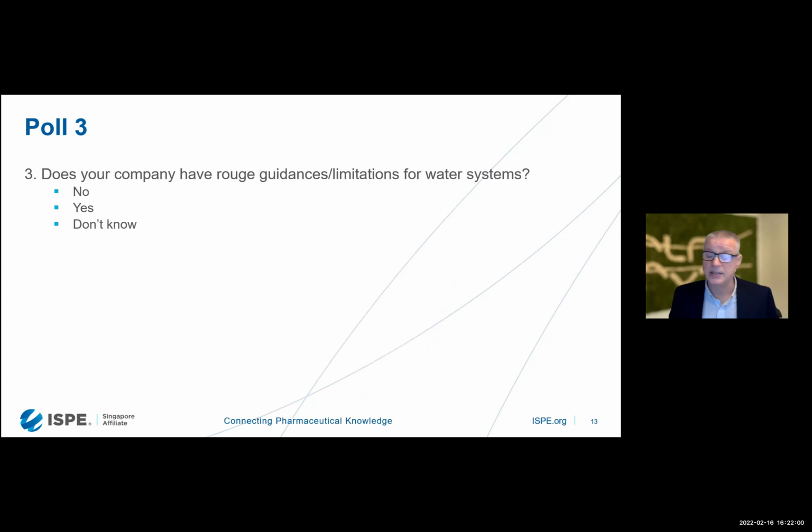But before that, we take a new poll question to see if your company has any rouge guidance or limitation for water systems. It might be a particulate count in your water, or it might be any other visible check in your system to see if you have rouge.